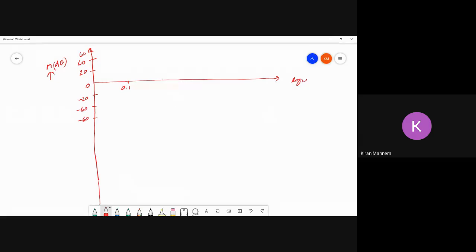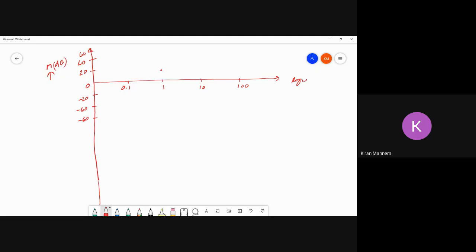Remember, this is multiplied by 10, that is 1 multiplied by 10 and 10 multiplied by 10, it is 100, right? This is how you have a logarithmic graph. So we started with the first point at omega equal to 1. This is log omega now, at omega equal to 1, you have 15.56 dB.